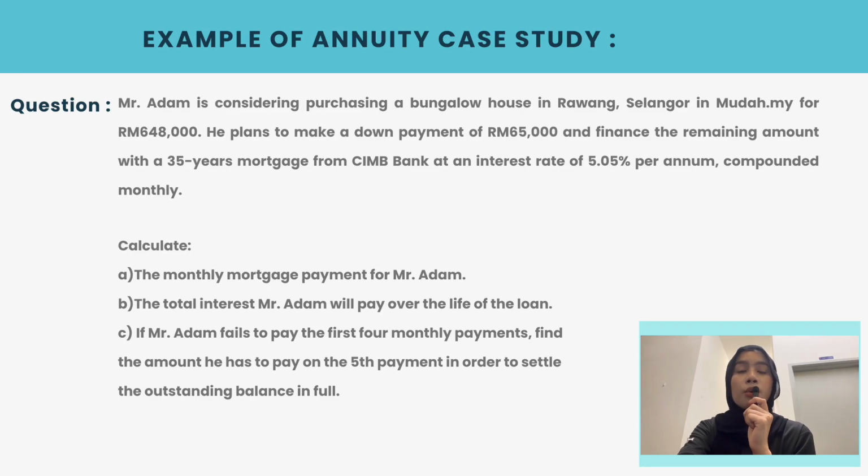The objectives are to calculate the monthly mortgage payment for Mr. Adam, to calculate the total interest Mr. Adam will pay over the life of the loan, and lastly, if Mr. Adam fails to pay the first four monthly payments, to find the amount he has to pay on the fifth payment in order to settle the outstanding balance in full.